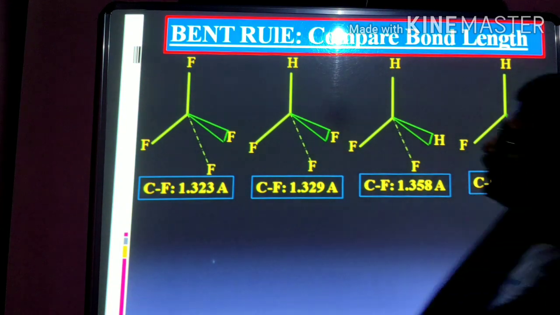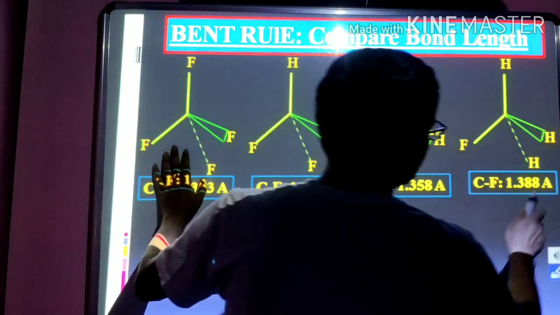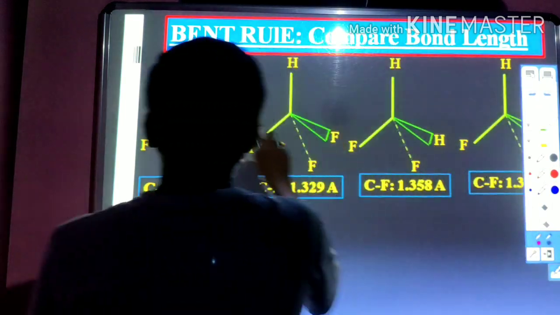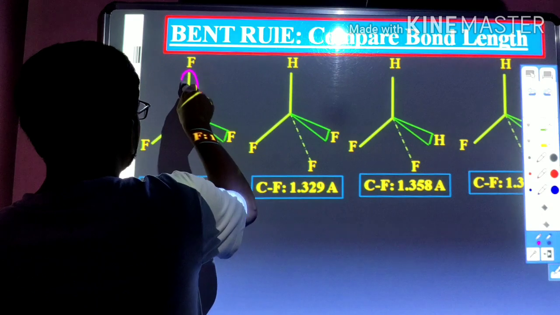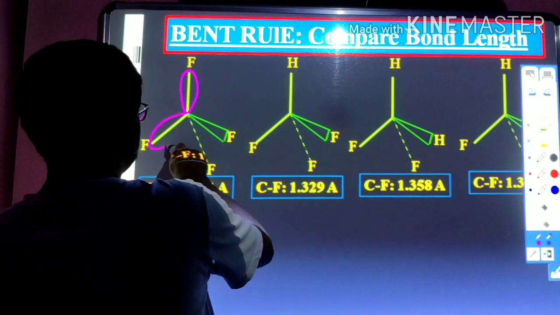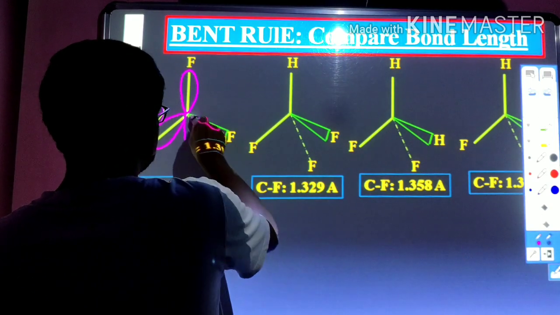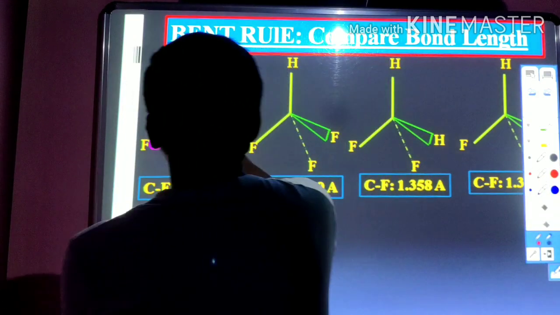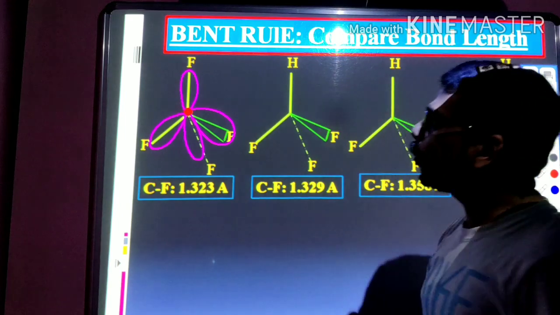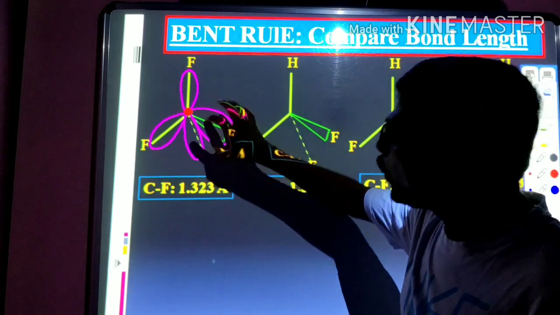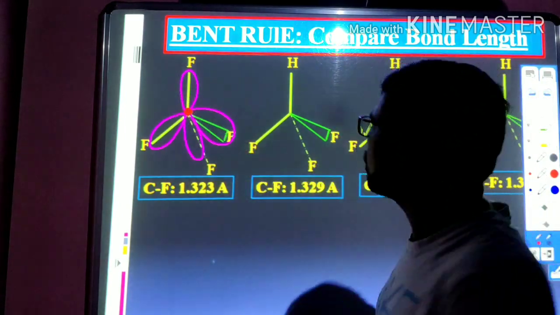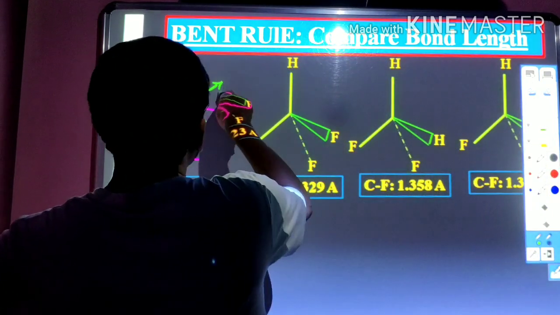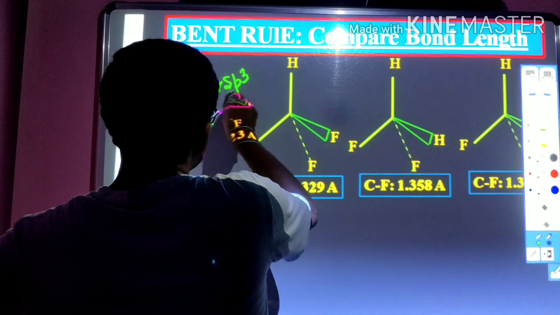See, in this case, draw the orbital. Say this is sp3 hybridized orbital, sp3 hybridized orbital, sp3 hybridized orbital. In this case, there won't be any change. All the hybridized orbitals will be sp3.